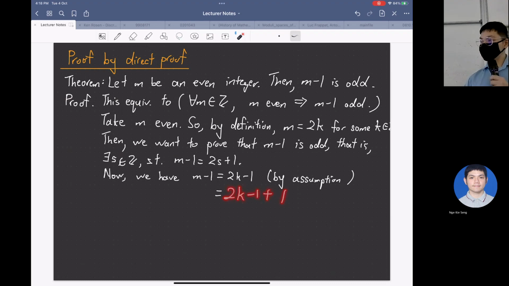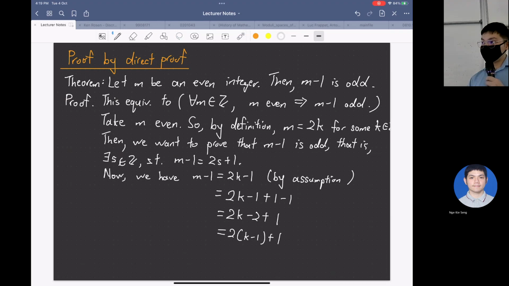You mean like this? 2k minus 1 plus 1. Like this? Minus 1, plus 1, minus 1 like this. And then you group the minus 1 together, is it? Is this what you want?